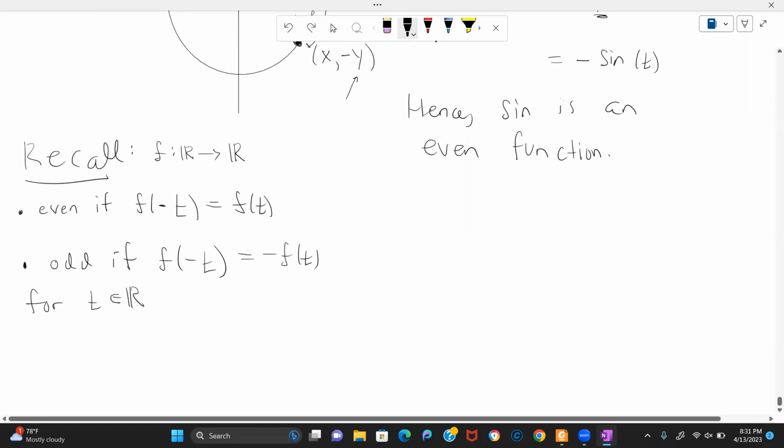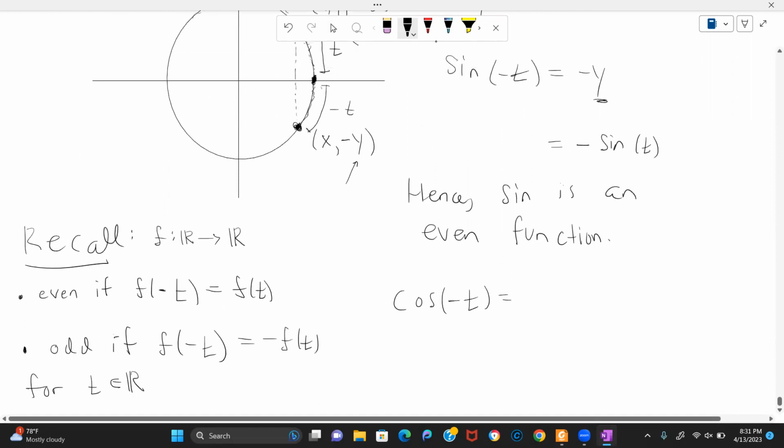All right, so what about cosine? Well, let's do cosine of negative t. By definition, cosine of t determines this point right here. Cosine of negative t is by definition the x coordinate.